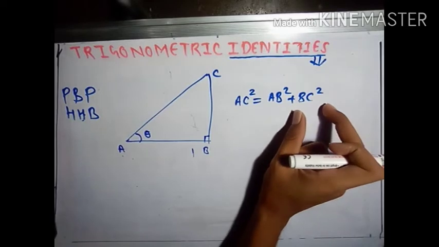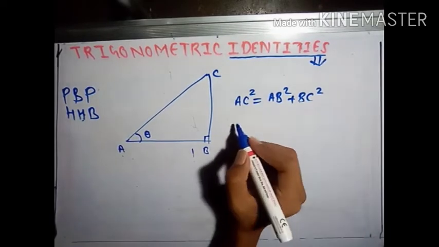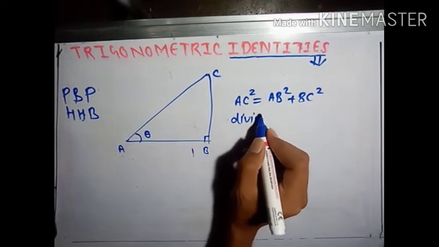Now the third choice is to divide the whole equation by BC square. So let's do it.